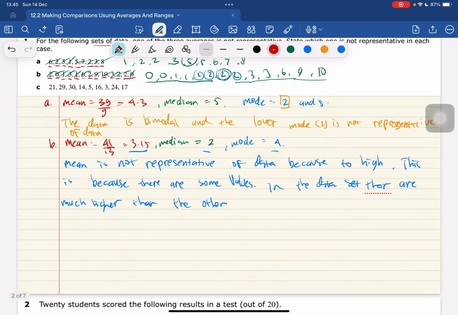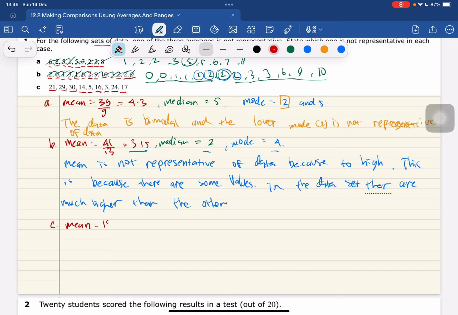So let us find C. First of all, always find the mean. Okay, we got 21 here. So 21 plus 29 plus 30, plus again 14 plus 5 plus 16, and then plus 3 plus 24 plus 17.